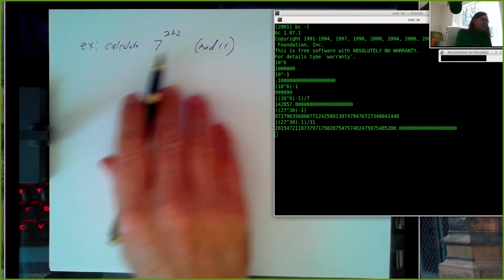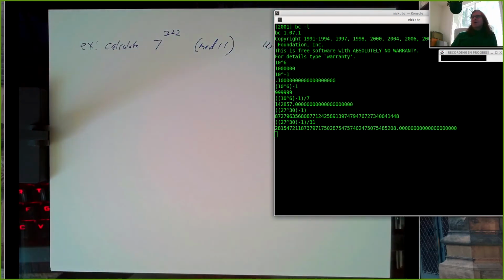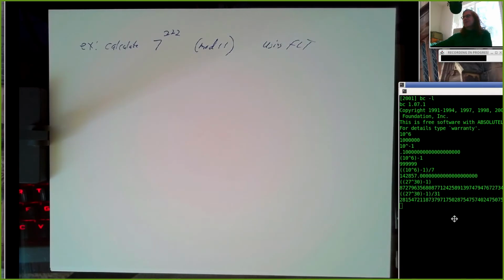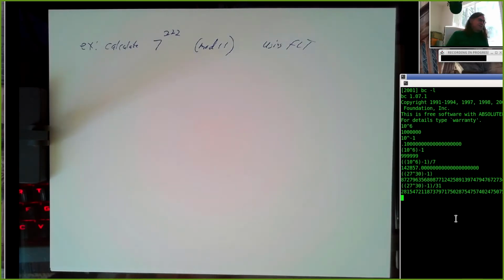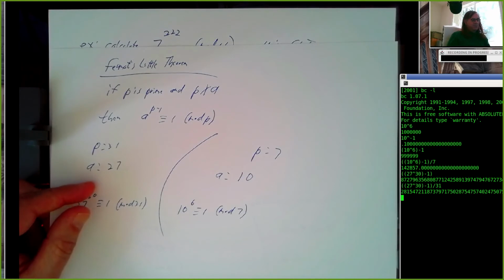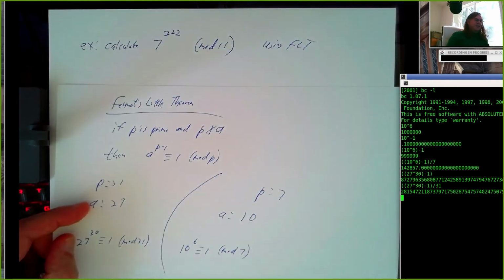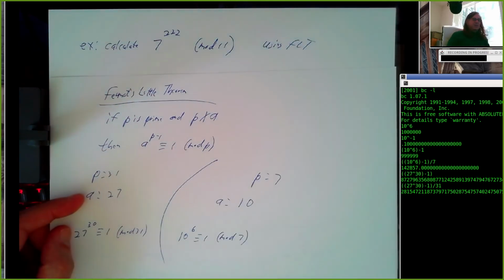So if you're asked to calculate something like this using Fermat's little theorem, a good first step is to think about what Fermat's little theorem says and see how this might relate to this question. Fermat's little theorem, remember, is telling us something about a to the p minus 1 mod p. Well, we're trying to calculate something to a power mod 11, and 11's prime.